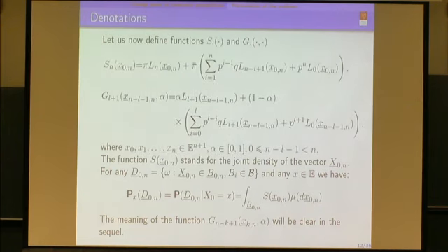So the distribution of the first n random variables of this path we can present in the following form, and I define some function which will be useful in calculation.